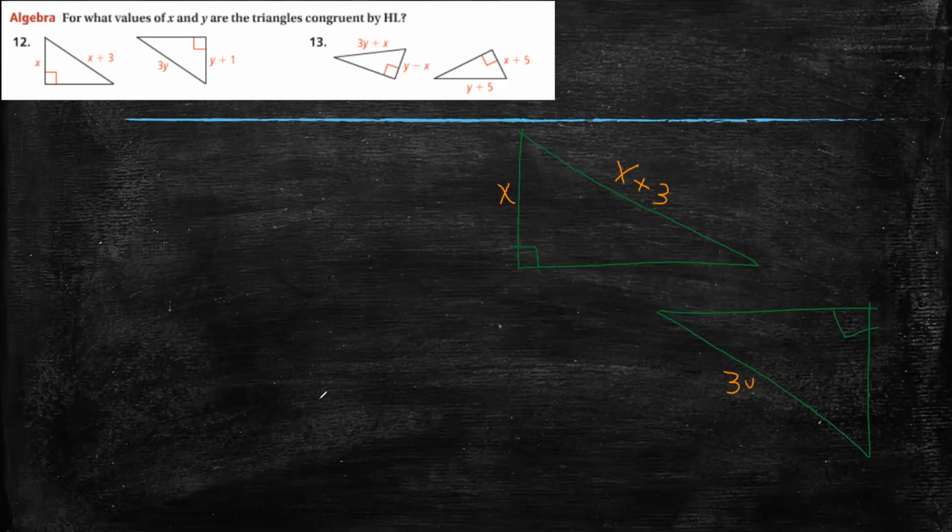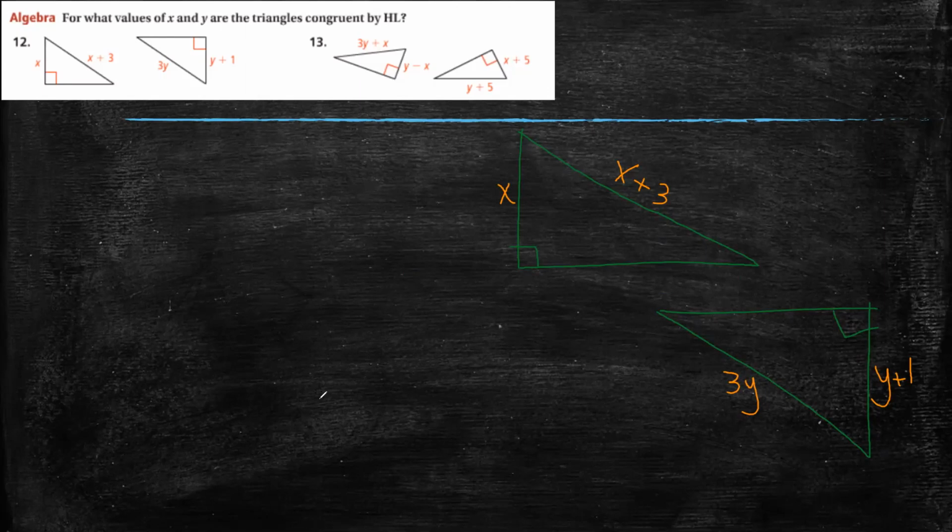Here we have 3y, and here we have y plus 1. Now, what did I tell you? These two triangles are congruent. What does it mean? That means the hypotenuses are congruent and the legs will be congruent. Is it right?